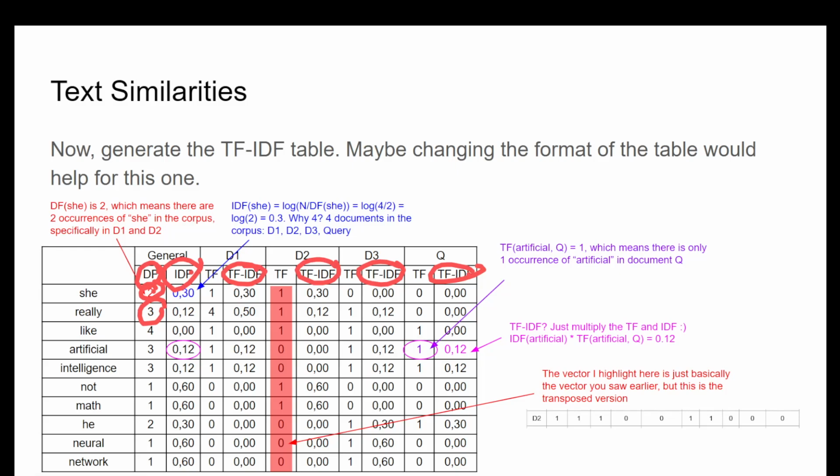Maybe I should restate my words. It is not three occurrences, but perhaps it is quite good to say that there are three occurrences of "really" in the corpus, but in a unique way, like SQL using DISTINCT.